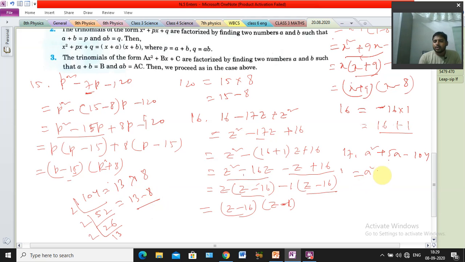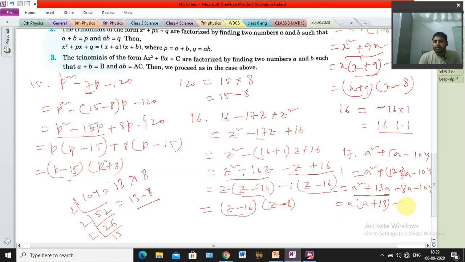Okay, so a square plus, instead of 5 we will write 13 minus 8, a minus 104. Clear? So that means a square plus 13a minus 8a minus 104. Clear? So now take common from the first two terms, common is a, so a plus 13 will come in the bracket.